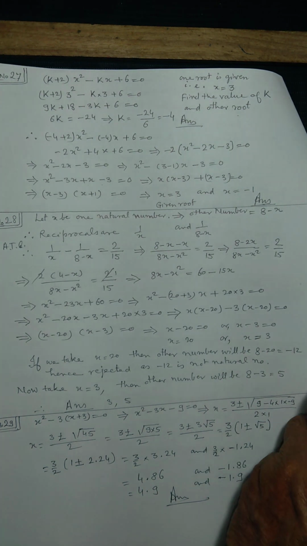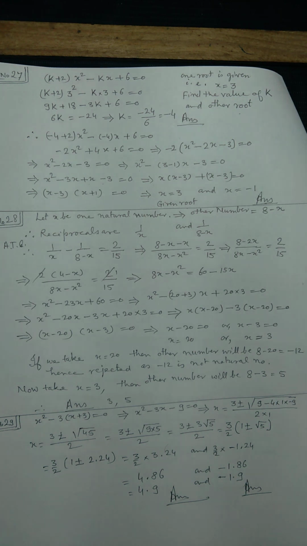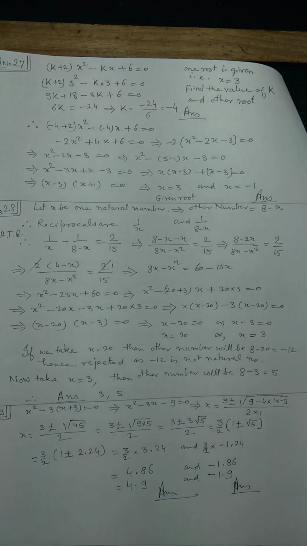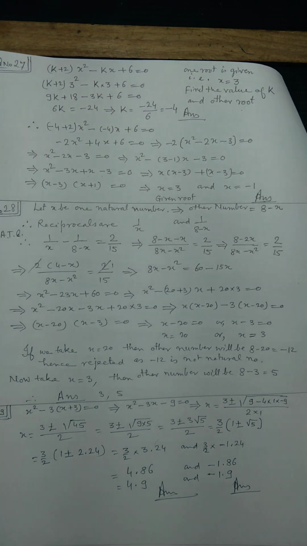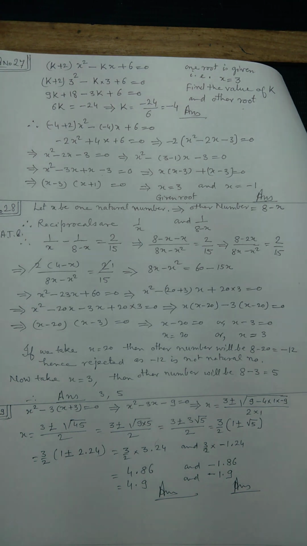Now proceed to question number 28. Question 28 states like this: the sum of two natural numbers is 8 and the difference of their reciprocals is 2 by 15. Find the numbers.